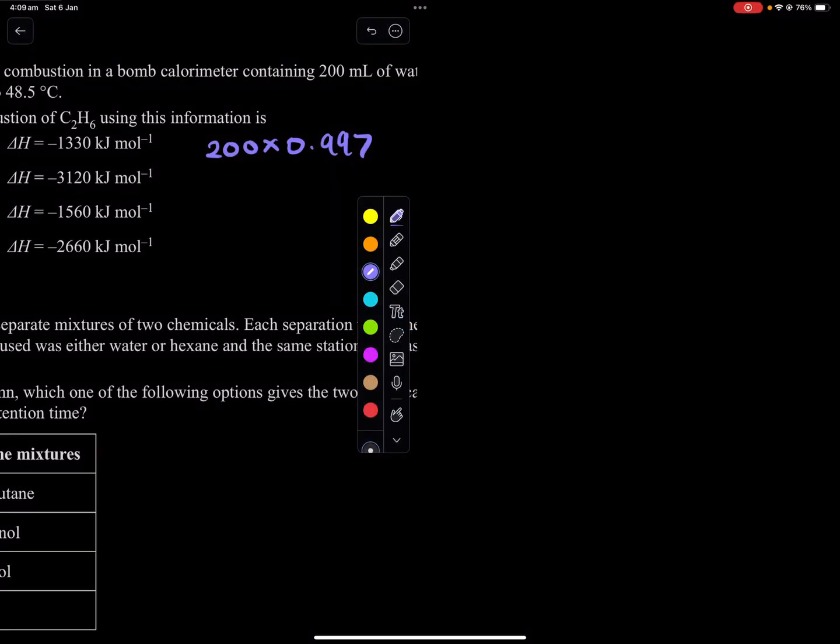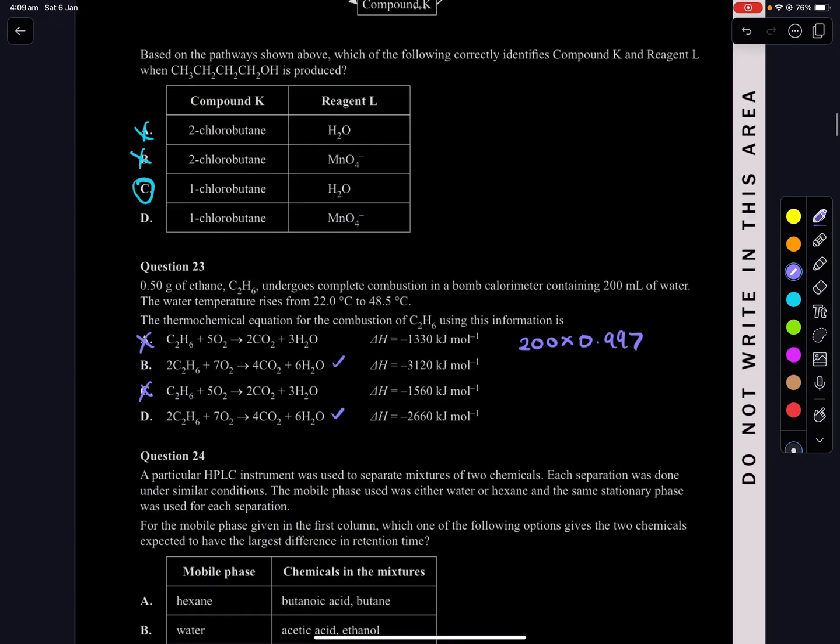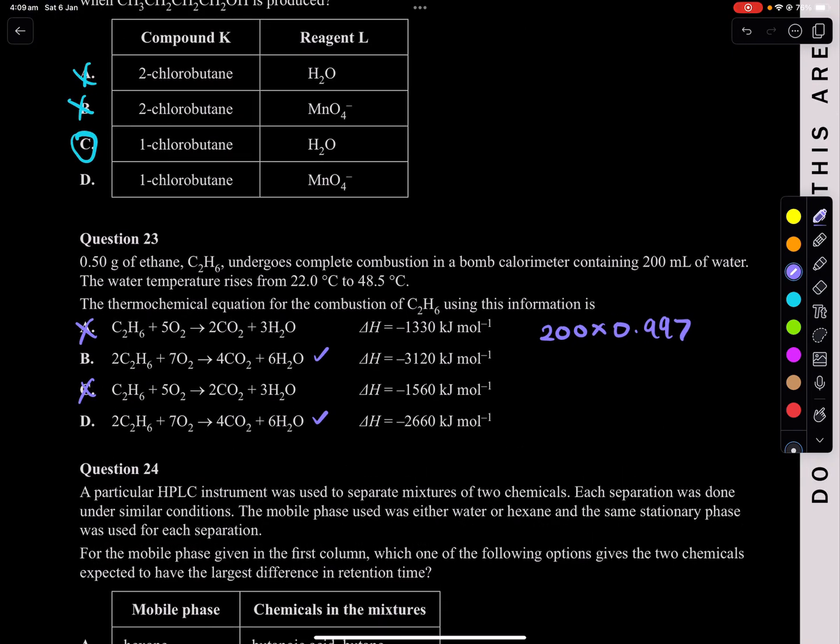Great. So what's 200 times 0.997? That's going to give me 199.4 grams.